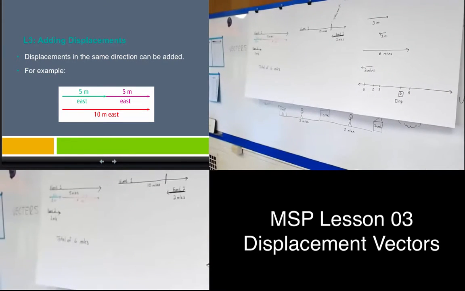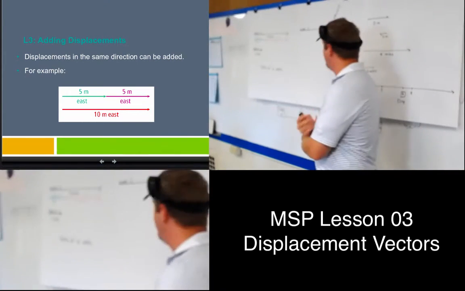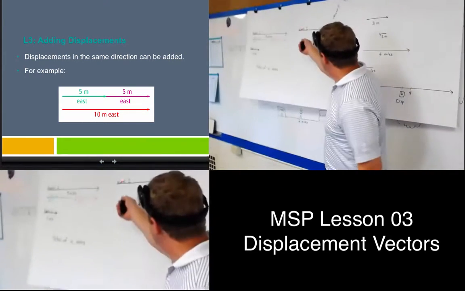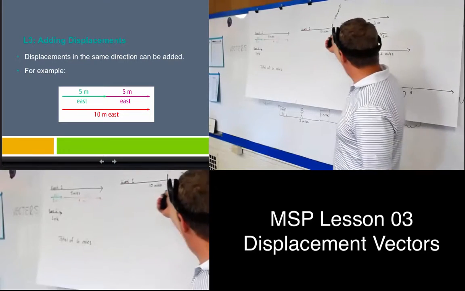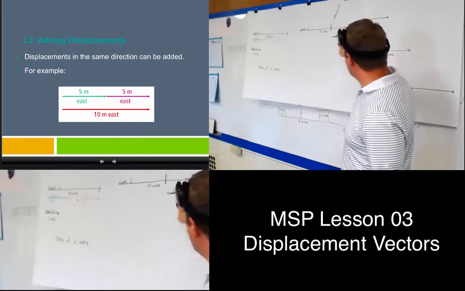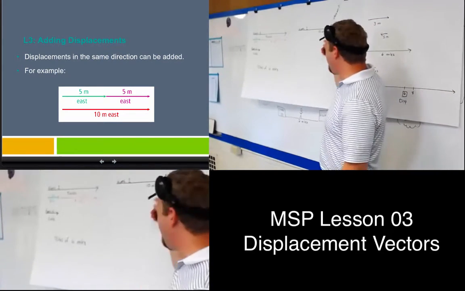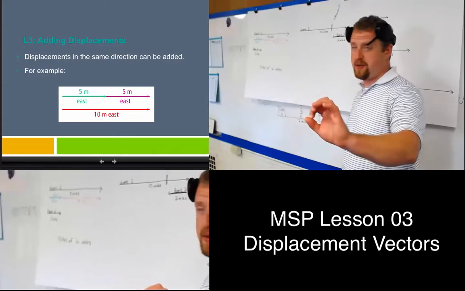The opposite is true for vectors that are headed in opposite directions. They actually subtract. I'll give you an example. Event 1 here, we go a full 10 miles. Stop here. Then event 2, we reverse direction 180 degrees and go back 2 additional miles.